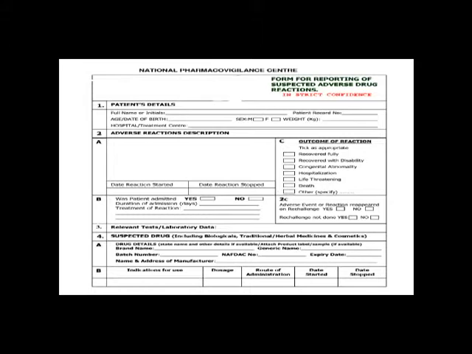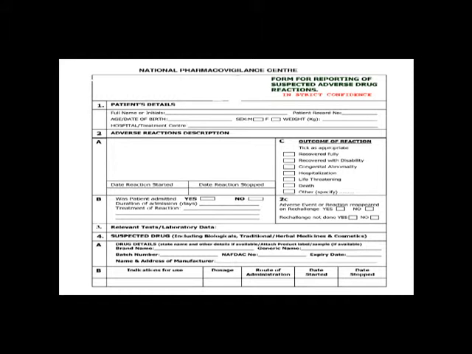Now here you can see a form which is also a pharmacovigilance form, they call it the national pharmacovigilance form. It might be available in the hospitals that you might be working in, or you might work in the future. So these kinds of forms have a lot of information about the patient, about the reaction that you suspect, that you observed in the individual patient, what was the outcome of the reaction, and so on.